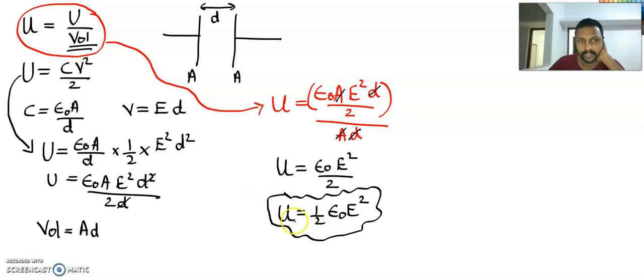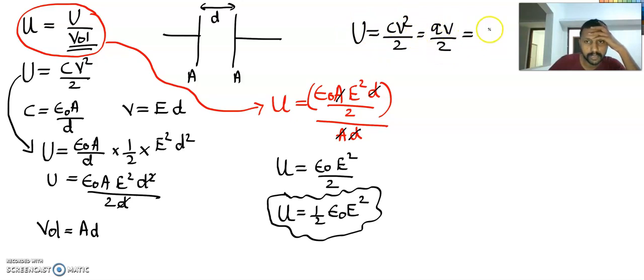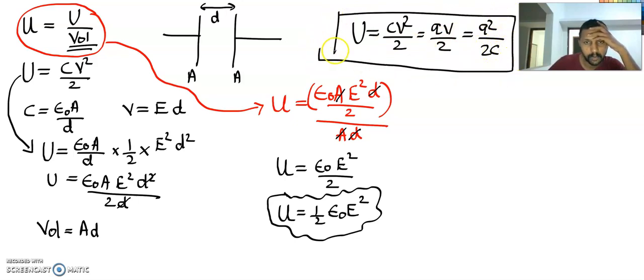You should not confuse that with total energy. Total energy is denoted by capital U, and the expressions for total energy were CV square by 2, QV by 2 and Q square by 2C. From this derivation, now we know the expression for total energy can be this also.